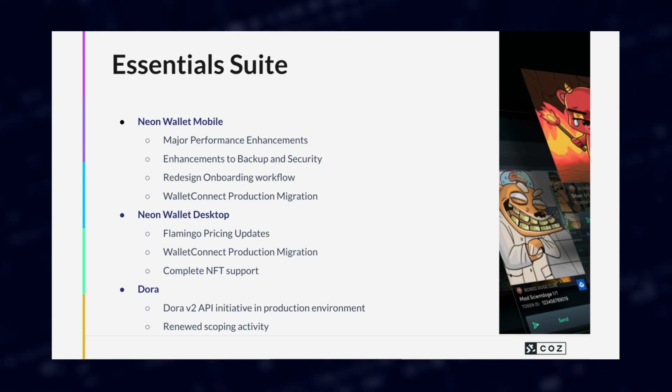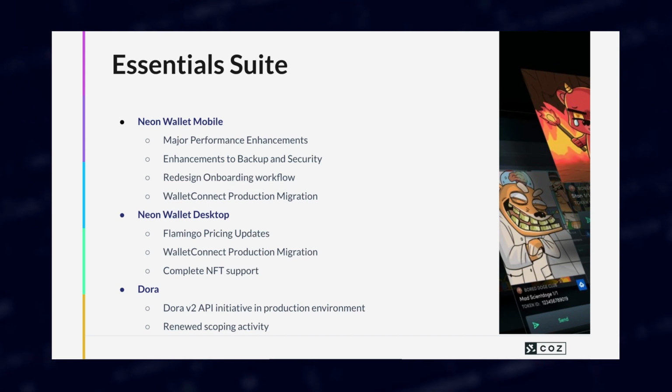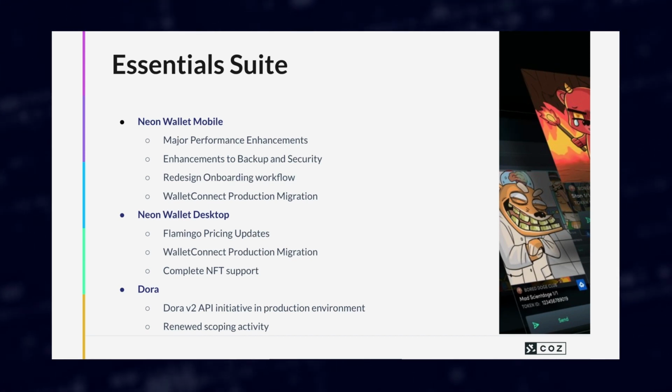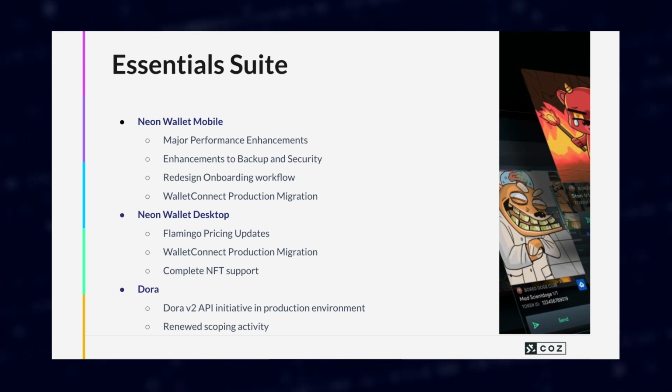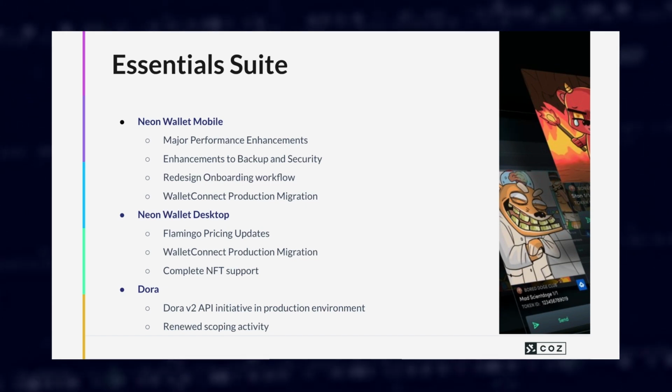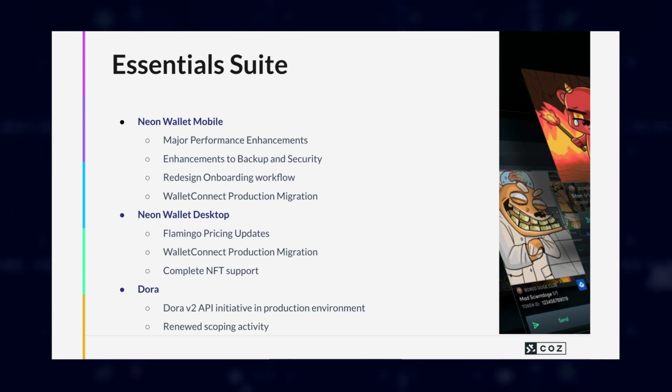It'll also add a lot of forward-looking scope for things like WebSockets, and local deployments for private nets as well that the wallets can connect to. We've also recently renewed the scoping activity for some of the front-end features that'll be going into the platform. So we're pretty excited there.